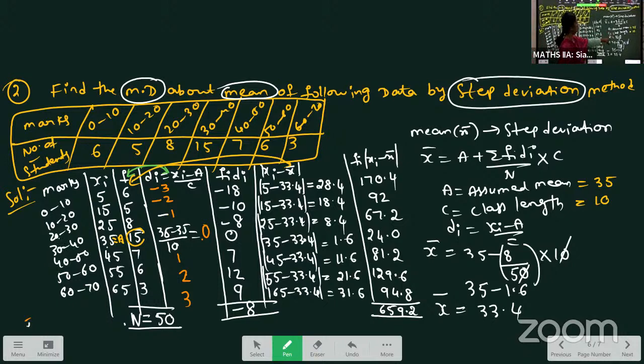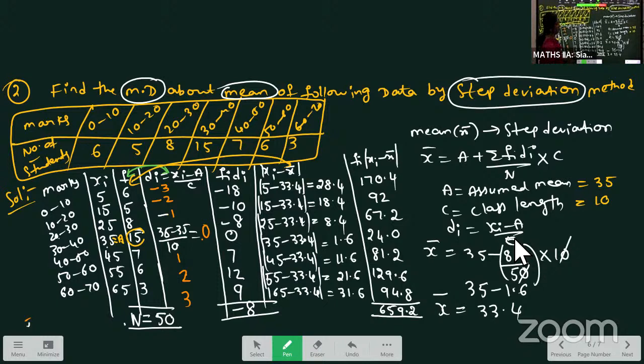Then take di. Di is equal to Xi minus A by C. By substituting, at 35 we get di as 0. Take the upper values as negative and the lower values as positive, like 1, 2, 3 or -1, -2, -3. Then go to the step deviation formula and substitute. We get the mean as 33.4.